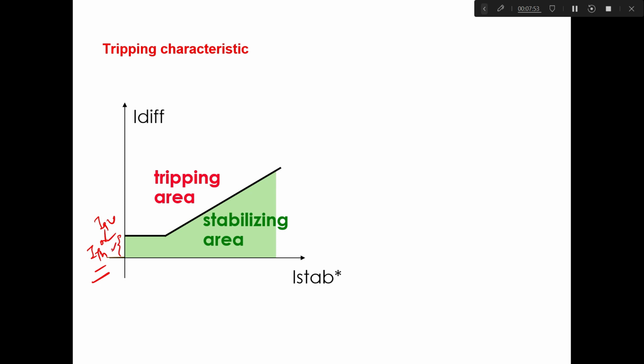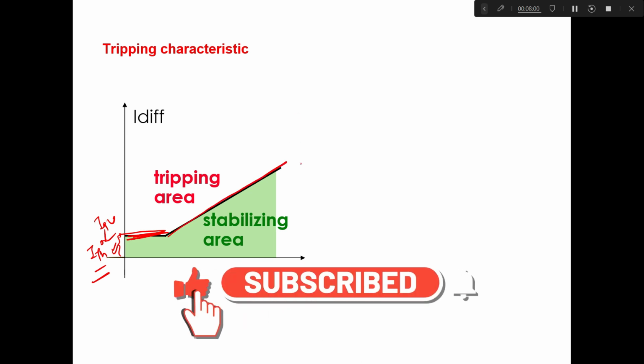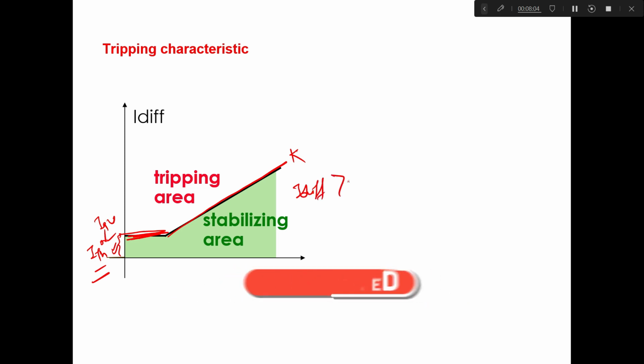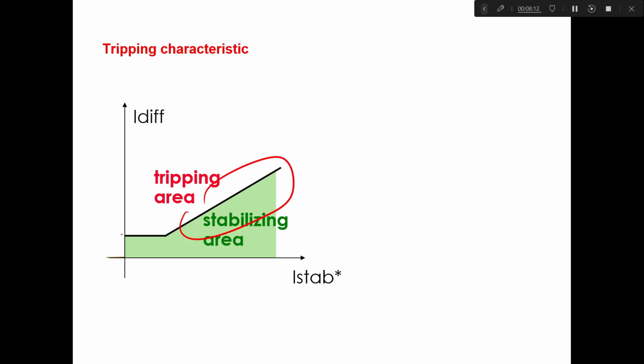Your differential current must be above this threshold limit, then only will the relay issue a trip command. Then this is the slope. Your differential current must be greater than the slope times the stabilization current for the relay to issue a trip command.